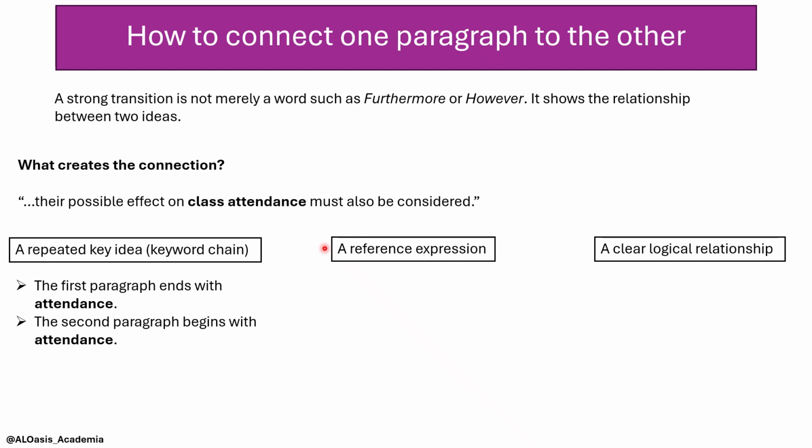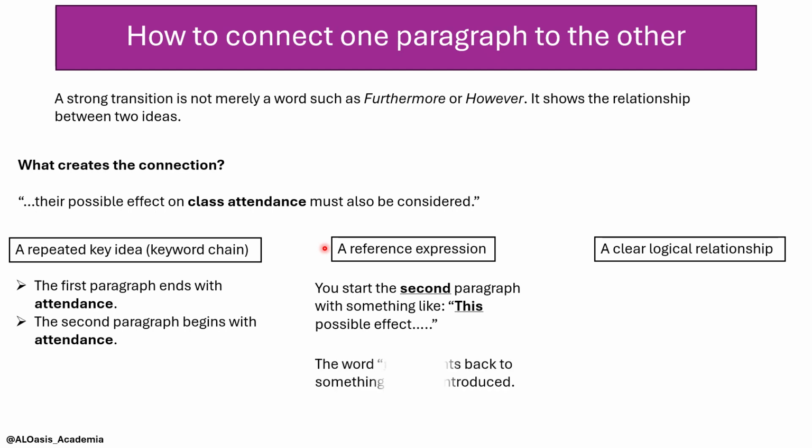The second method to connect one paragraph to the other is using a reference expression. What do I mean with that? If you start the new paragraph with something like "this possible effect", so those are the first three words of the new paragraph, then for me as a reader, the word "this" tells me that it points back to something already introduced.